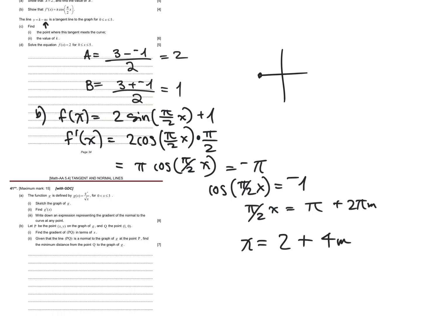This is only good for 0 to 5, so if m is -1, it's outside of 0 to 5. If m is 1, it's outside, so x is 2.